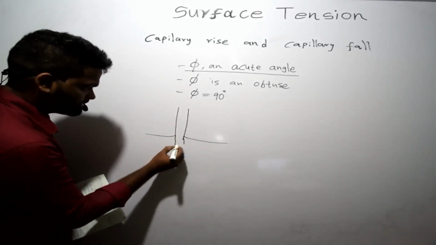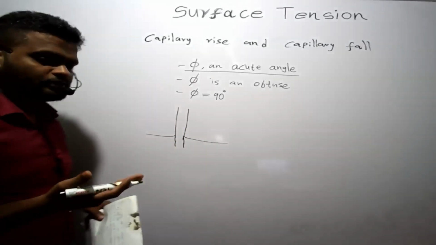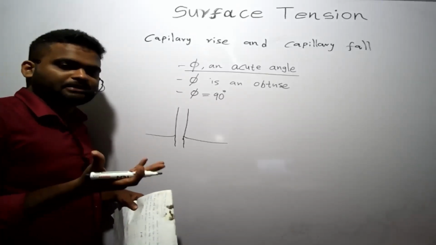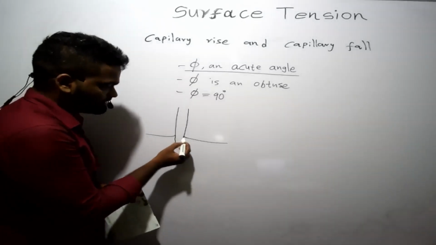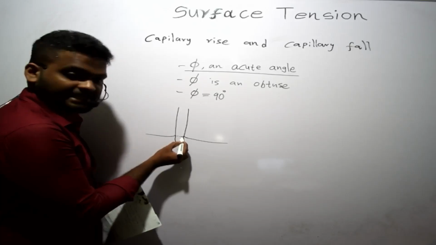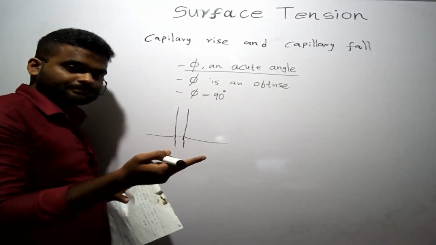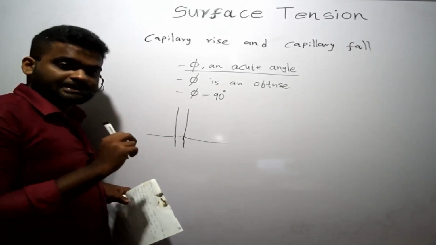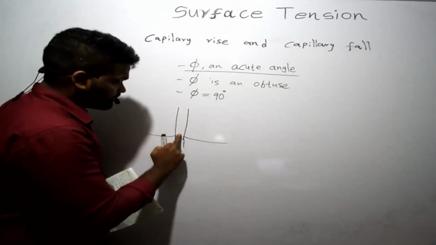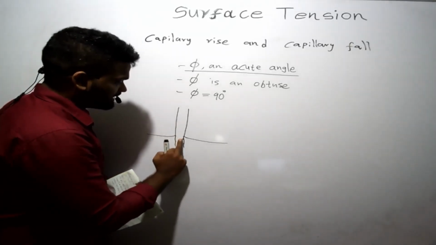Then what happens? According to hydrodynamics, we know that liquid should be at the same level, right? But there is another force acting here. That is surface tension.